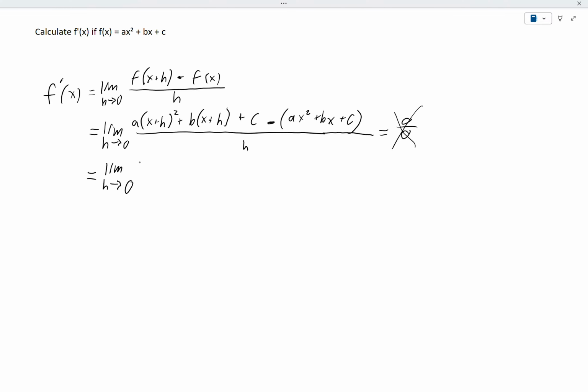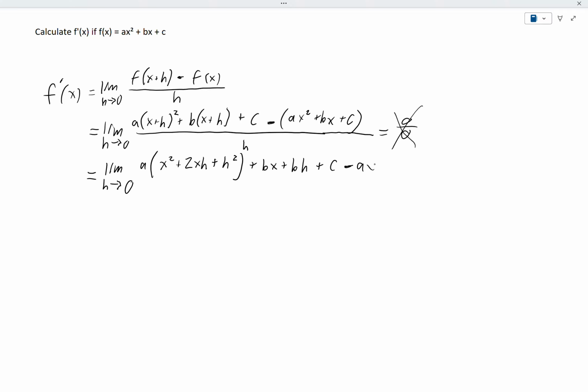First I'm going to use FOIL here for this (x plus h) squared term, so that becomes x squared plus 2xh plus h squared. Then I'm going to distribute the b for this next term, so that becomes bx plus bh, plus c, and I'm going to distribute this negative sign to every term in this last polynomial here.